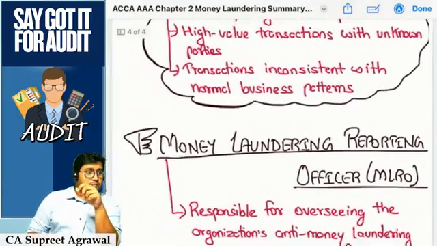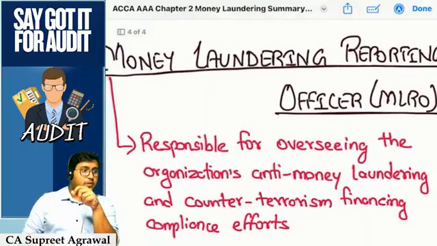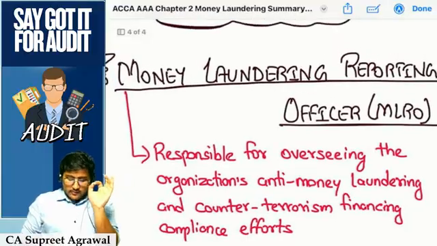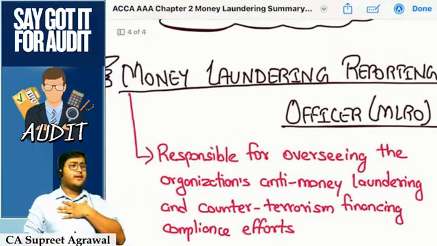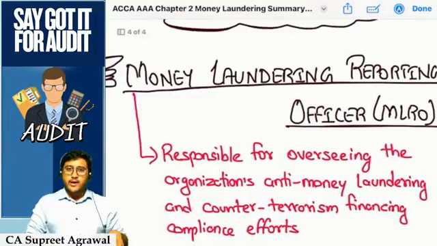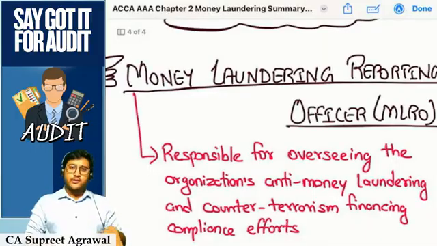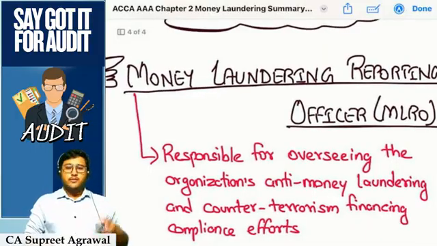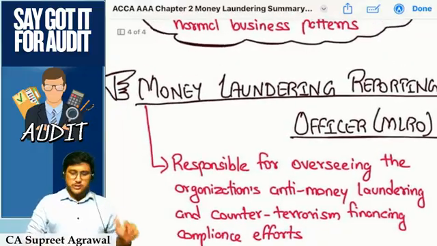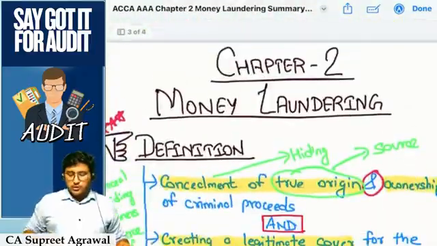This person is responsible for overseeing the organization's entire money laundering and counter-terrorism financing compliance efforts. That is, whatever efforts are being taken by the organization, this person is vested with the rights, authorities and responsibilities to ensure that these activities are being done correctly, or whether any change is required. So let's have a quick revision of what we have discussed.